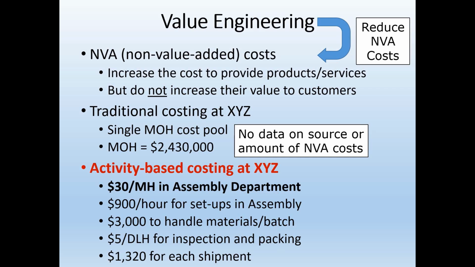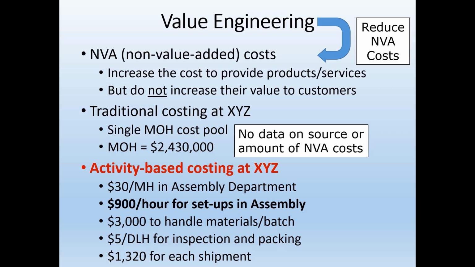For example, XYZ determined that it costs $30 of machining overhead for each machine hour that a product spends in the assembly department.